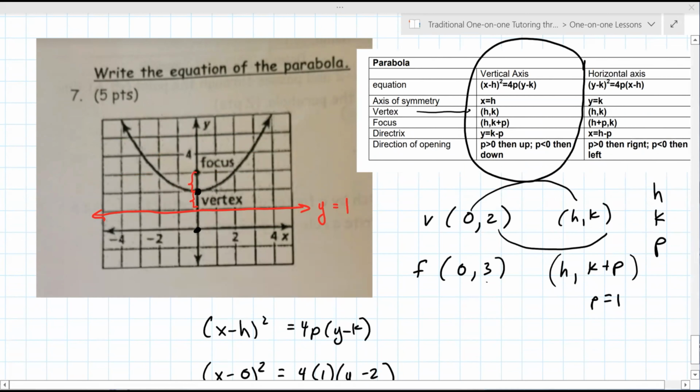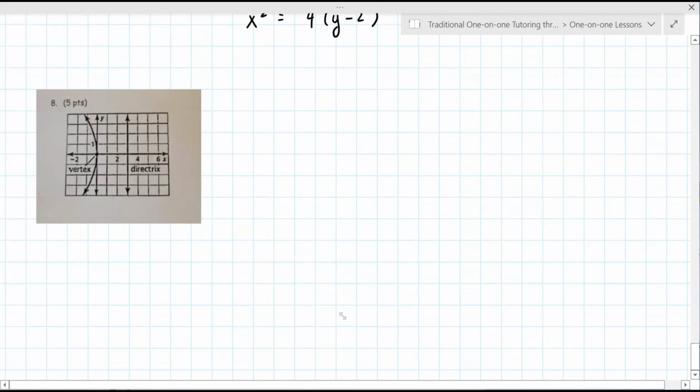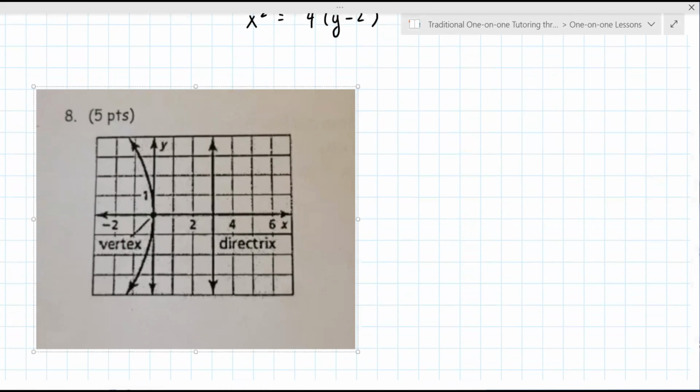Let me really quickly grab the next one for you. For number 8, do you see how it opens to the left? It's kind of a sideways parabola. In that case, we need the horizontal axis conic section formula.